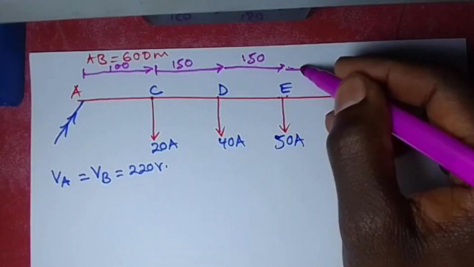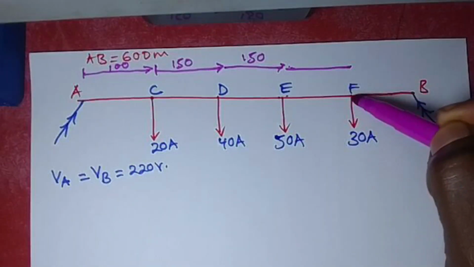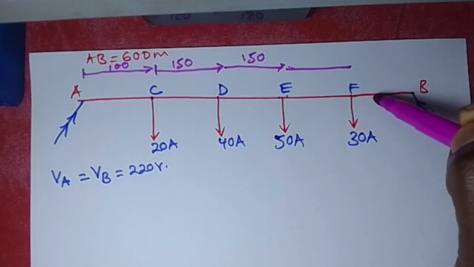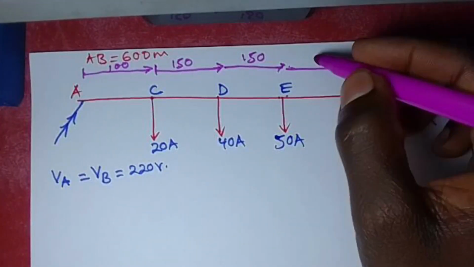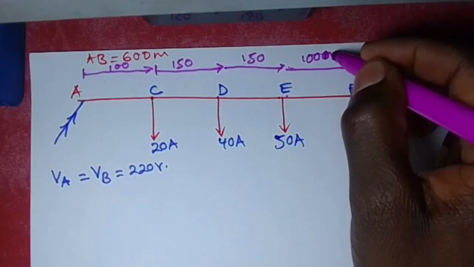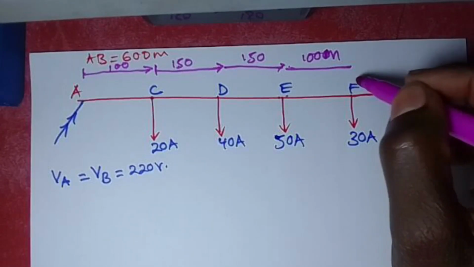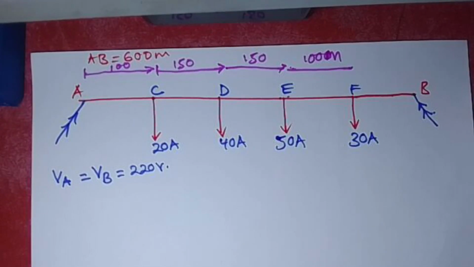Similarly, they have given us from A up to here to be 500. So we are going to take 500 minus 400, that is going to give us 100 meters. And finally, F to B. They have told you from A to B is 600 meters.